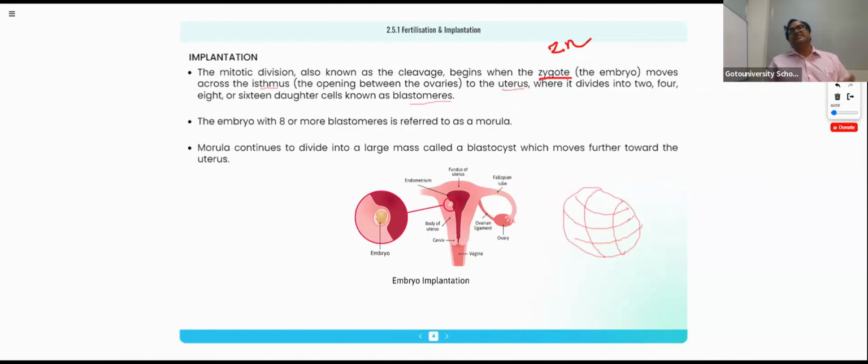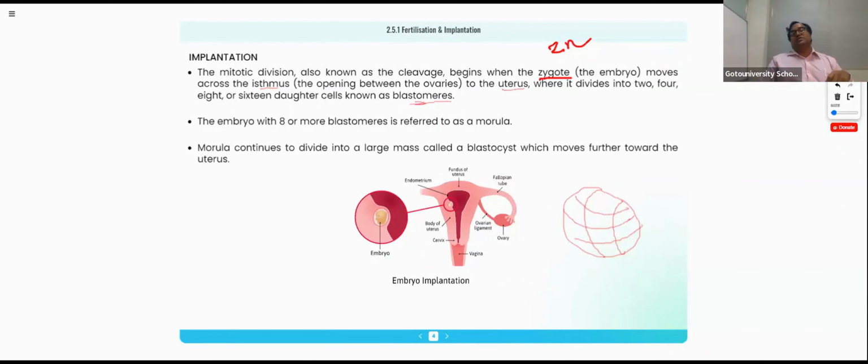Each layer has n number of blastomeres, which act as mother cells. The mother cell, or stem cell, of each layer is responsible for forming the various organs. The mother cells are constituted by the blastomeres. What is the ingredient of the mother cell? Blastomere. Who formed this blastomere? Cleavage.